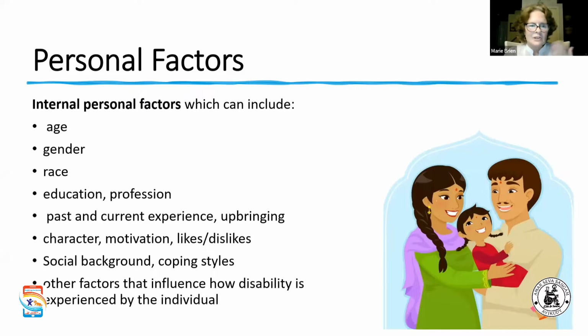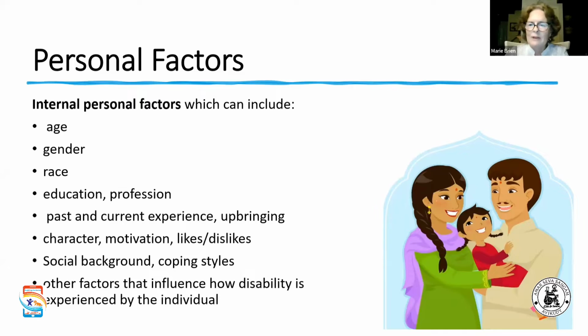Then we look at the education, the profession. So that's not just the child, but the child and family unit. We look at their past and current experiences, their upbringing, character, motivation, their likes or dislikes. So here we're talking not just about the personal factors of the child, but also the whole family unit.